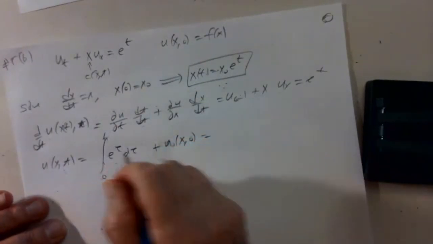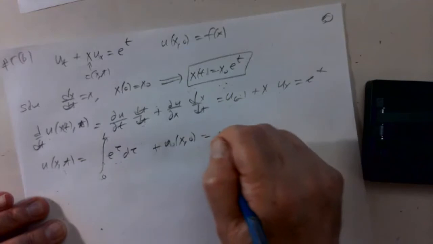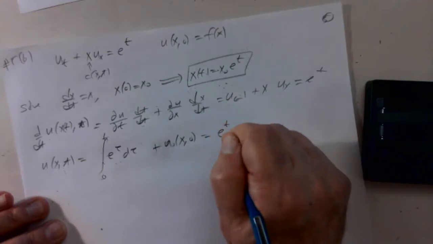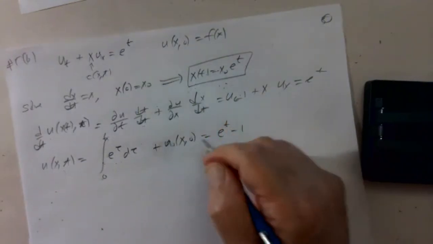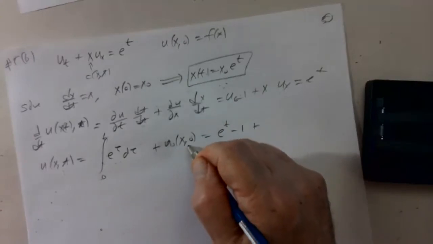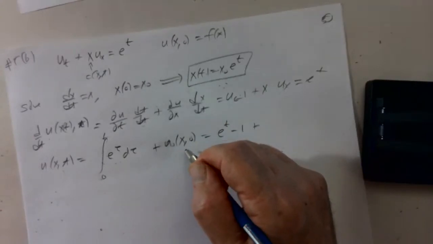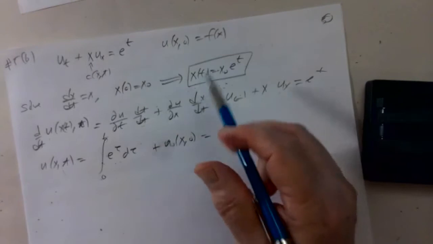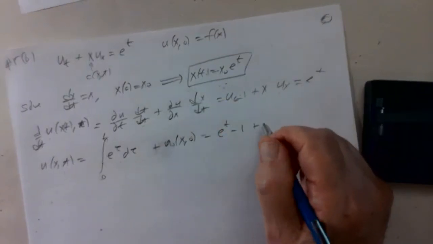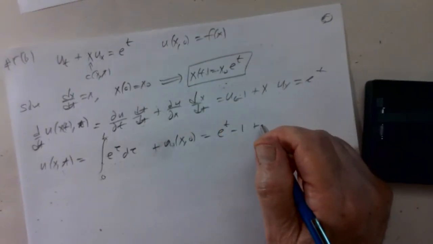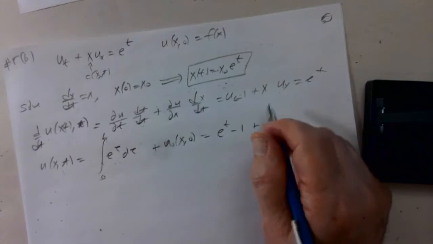The integral of e to the tau, d tau, is e to the t minus 1, plus, what is u of x0? That's f of x0.